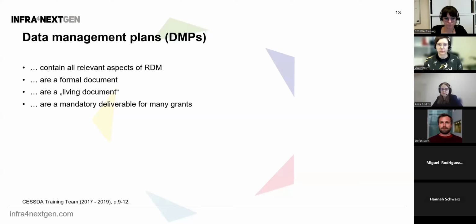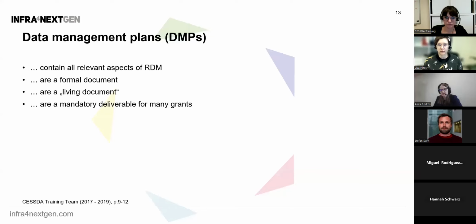Data management plans are mandatory for many grants and are often one of the first deliverables for grants. So for many grants, the funders require researchers to hand in a data management plan either before the project starts or at the latest 6 months after the project begins.